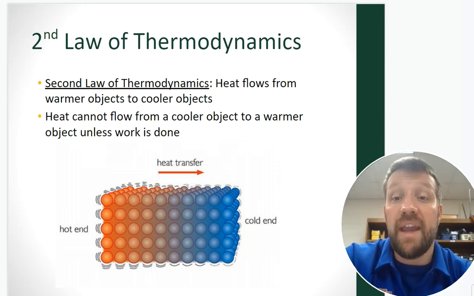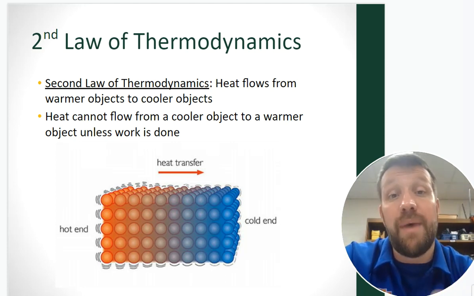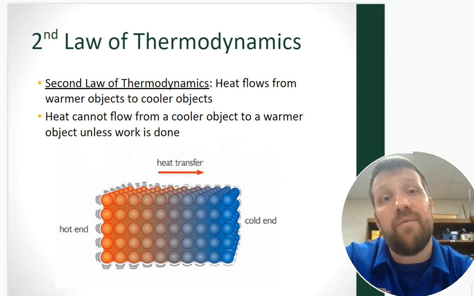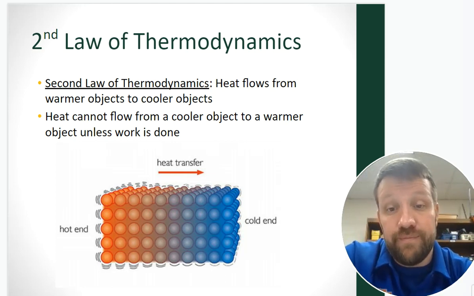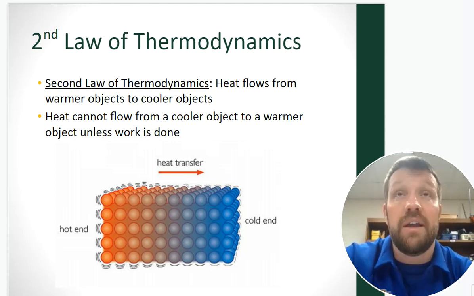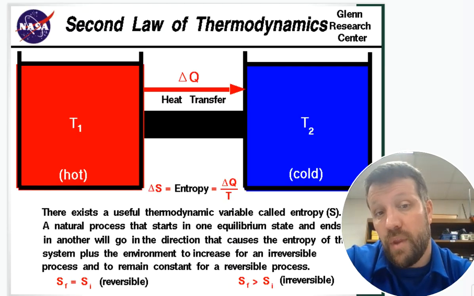So we can't take a lower temperature and cause it to continue to go lower if it's surrounded by a higher temperature unless we do work on it. And this is what a fridge does, it does that type of work to remove the thermal energy from inside of the system. Okay, so we must do work in that case, and this is why you got to plug a fridge in instead of it just staying there and becoming colder somehow.